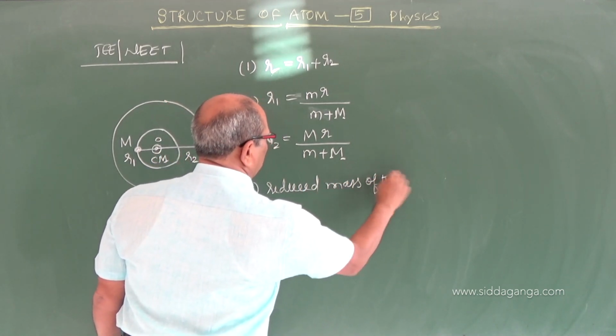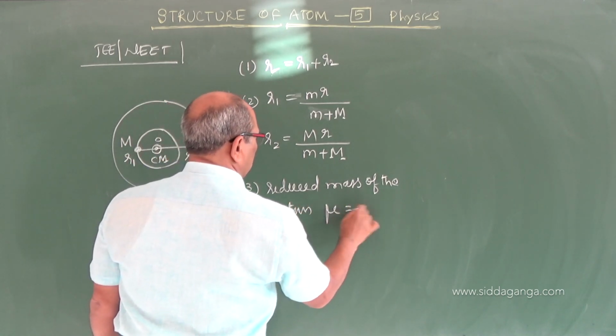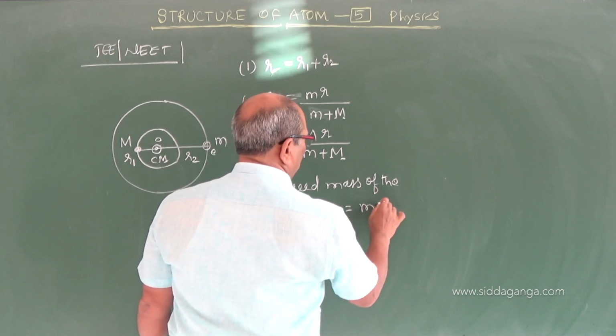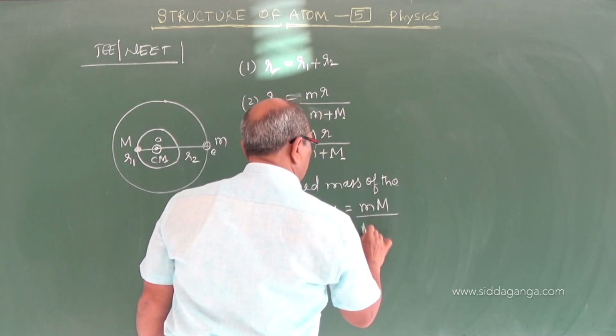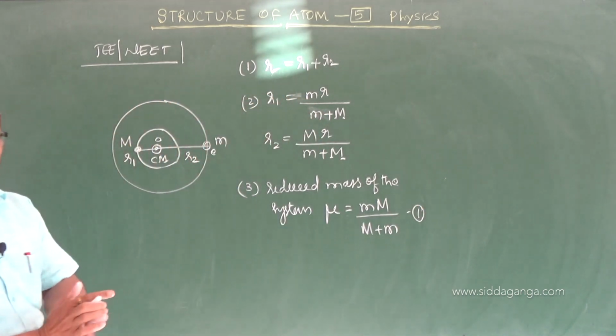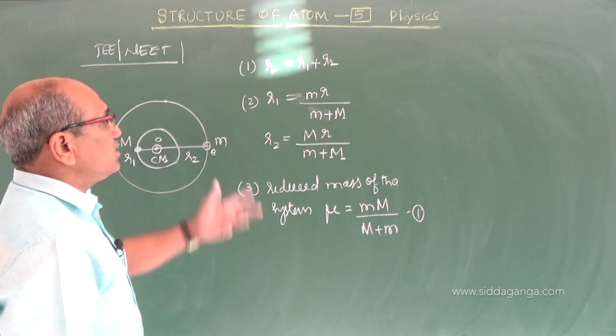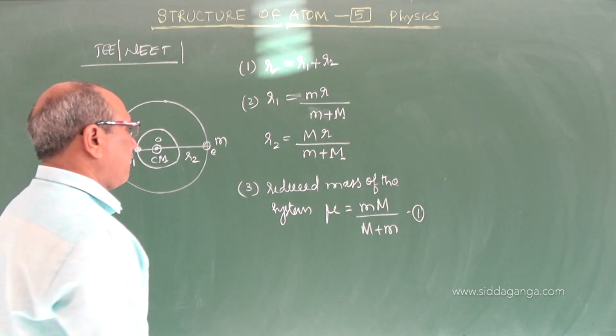Reduced mass of the system, mu, is equal to the product of masses divided by the sum of the masses. These relations are quite necessary even for JEE Advanced and sometimes in JEE Main.